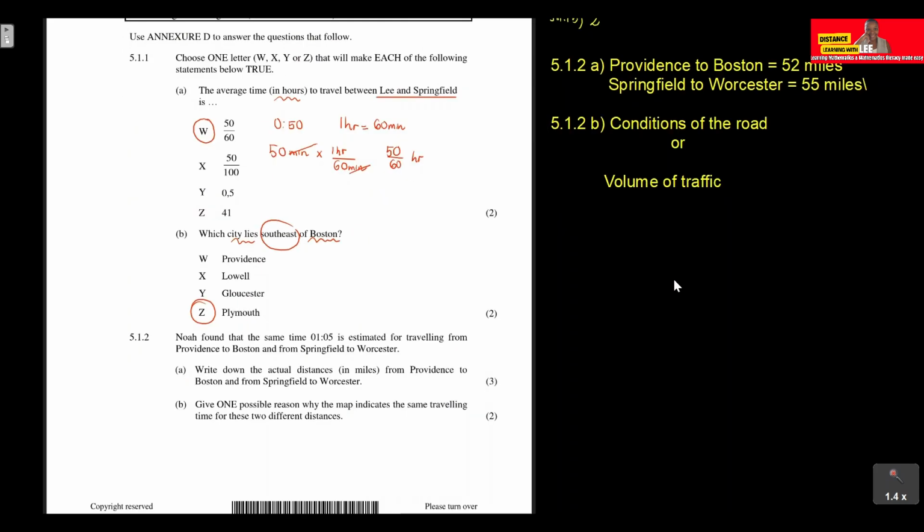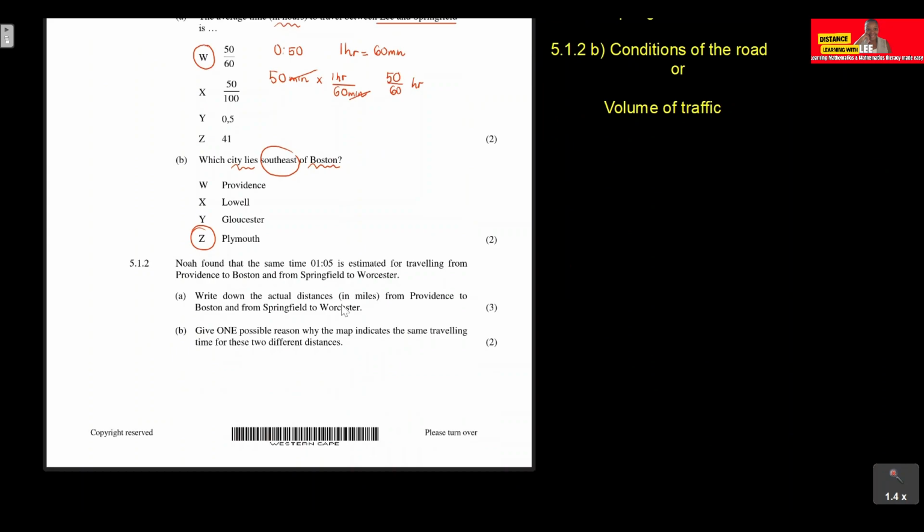The conditions of the road could be the reason why they would have the same traveling time but different distances. That could also affect how fast or how slow you drive through your road. So that is it for question 5.1 and question 5.1.2.